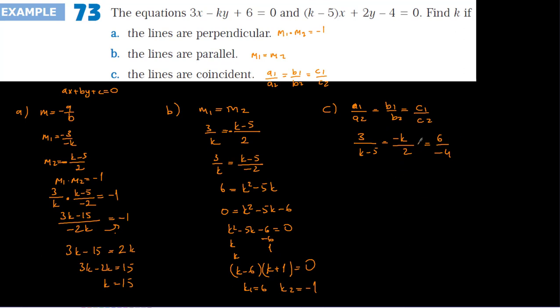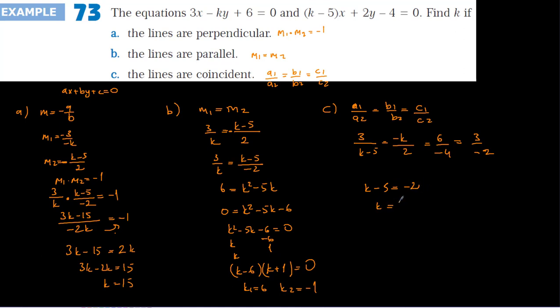Which means that here we are going to try to look for the same number, and as you see here, 6 over minus 4 it is written, which is equal to at the same time 3 over minus 2. So K minus 5, we are going to say it's going to be equal to minus 2.